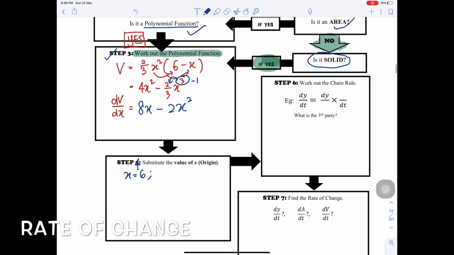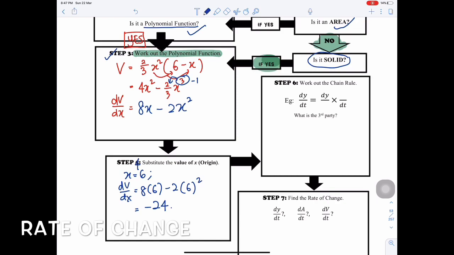So dv dx equals 8 times 6 minus 2 times 6 squared. So the answer is negative 24.